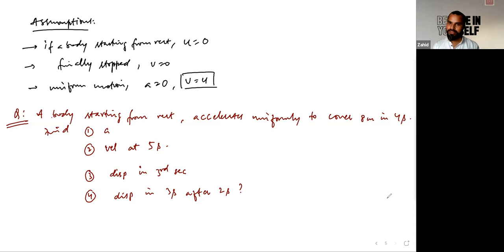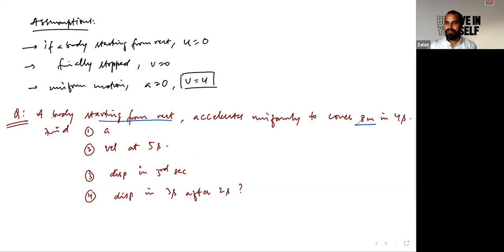First, try to write what are the given terms in the question. And on the basis of those given terms, try to put the related equation to solve the unknown part. In this question, the body was starting from rest, so u would be 0.